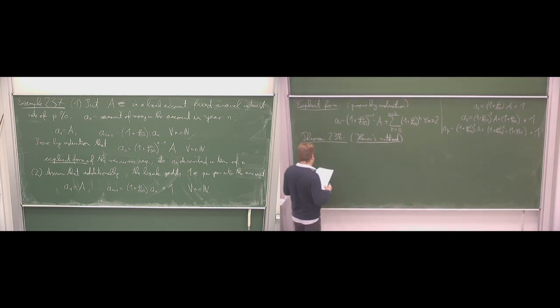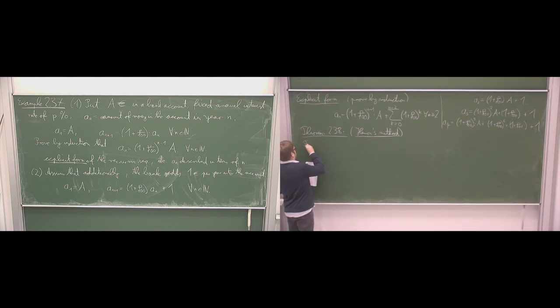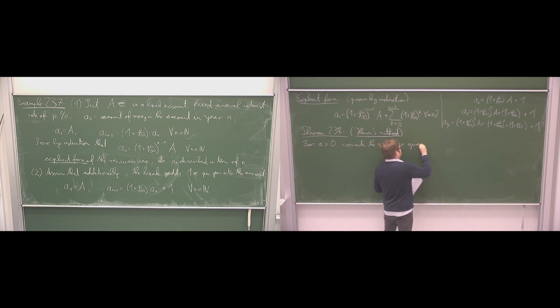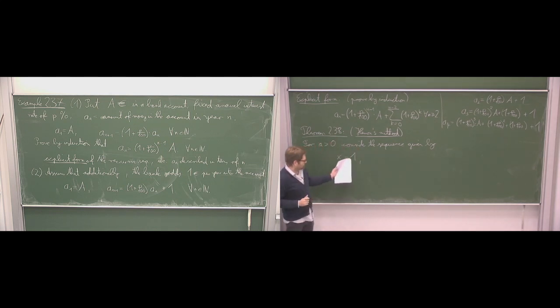Namely, we get an interesting recursive sequence. We take a positive number a, and we consider the following sequence given by a recursion. We start with 1. In fact, I've simplified things a bit; here could be any positive value, I think.